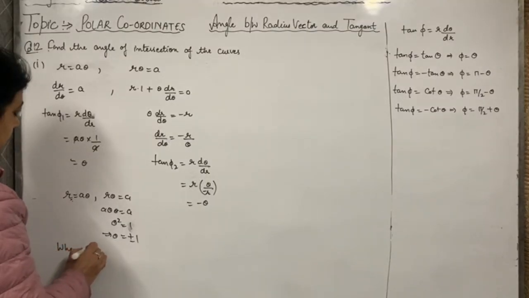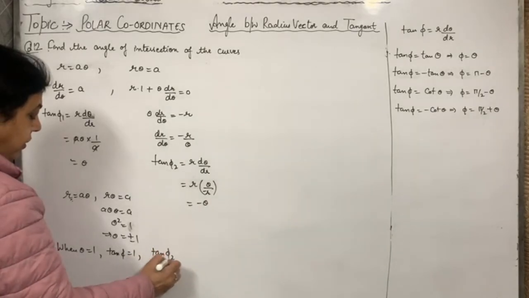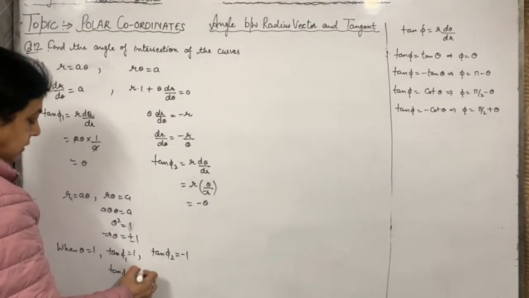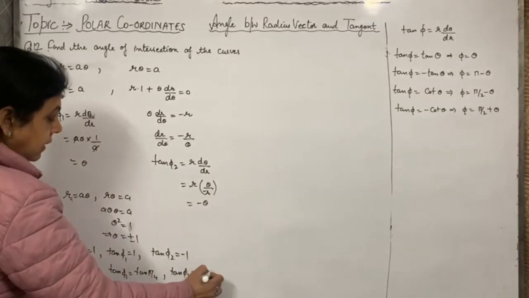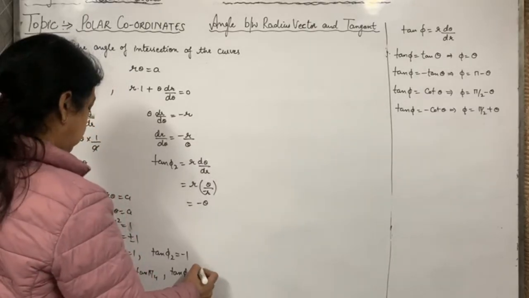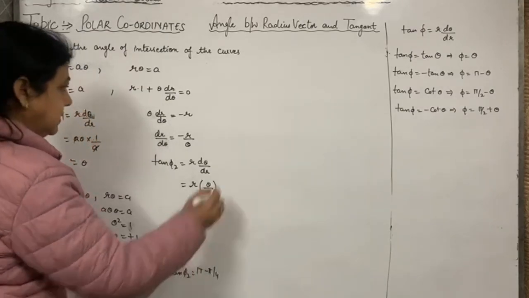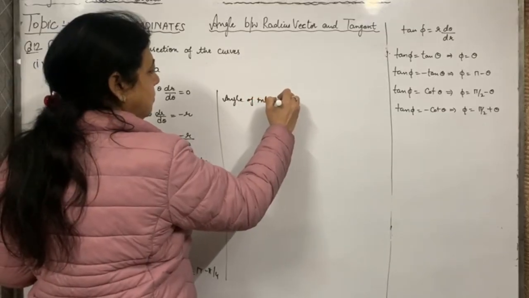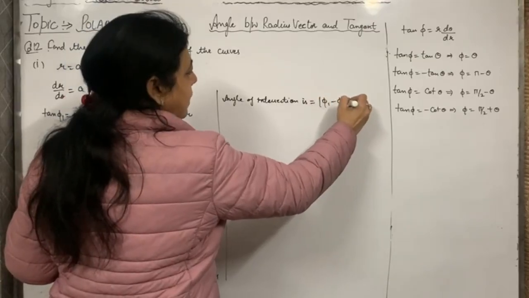When theta is 1, tan phi 1 is 1 and tan phi 2 is -1. Tan phi 1 is tan pi by 4 and tan phi 2 is tan of minus pi by 4. The angle of intersection is phi 1 minus phi 2.